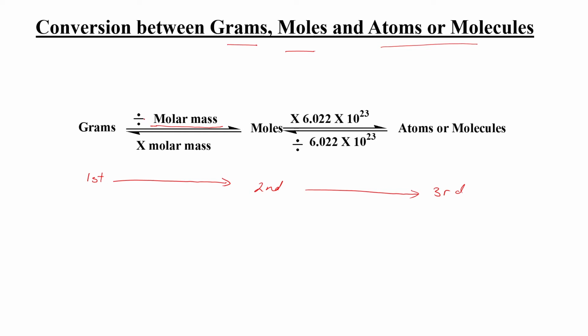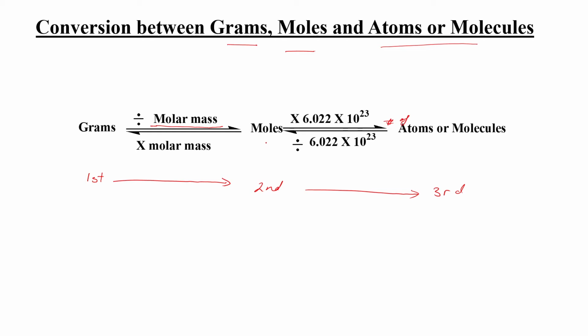Now here I have divided at the top and multiplied at the bottom. You don't really need to memorize which operation to do in which direction. We will be using the unit analysis technique, and in that technique it is very easy to determine whether you have to multiply with molar mass or divide. So you don't have to memorize that.